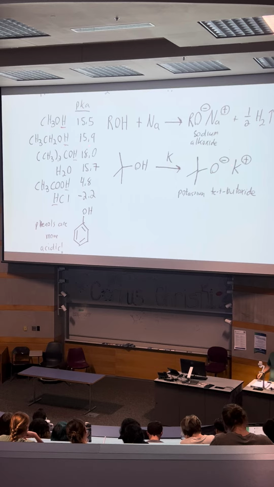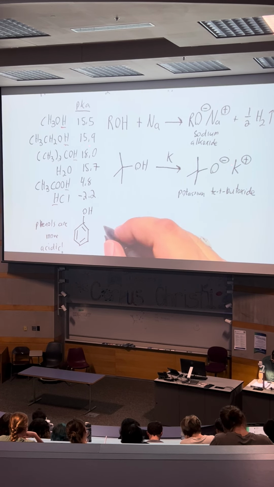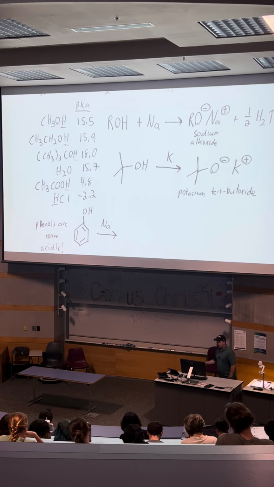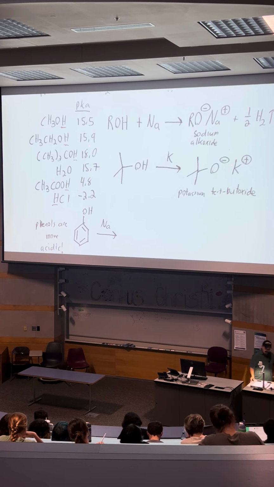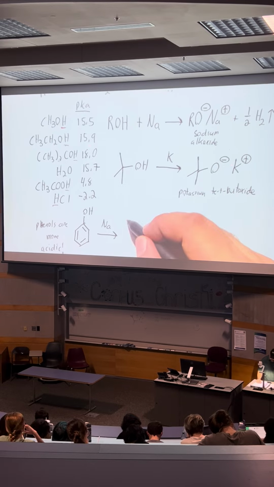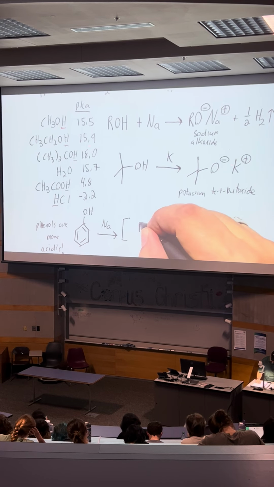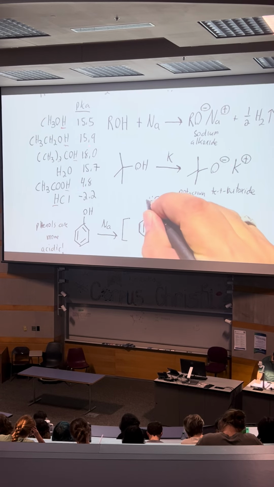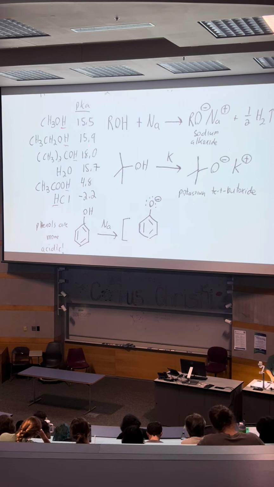And the reason for that is because the minute you deprotonate that, let's say, for example, you chuck elemental sodium at it to generate the sodium phenoxide anion. So we can draw the sodium phenoxide anion very easily. All it is is just O minus upstairs with 3 lone pairs of non-bonding electrons.